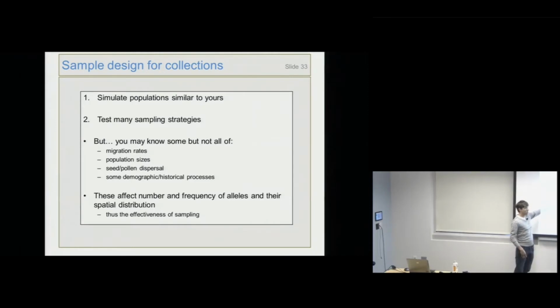We probably know a little bit about population size and maybe a little bit about dispersal, but we don't always know the demographic history of a population. And these parameters affect how strong that spatial structure is, and therefore the effectiveness of our sampling.